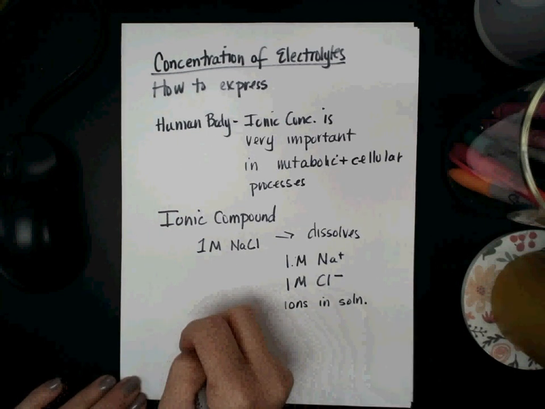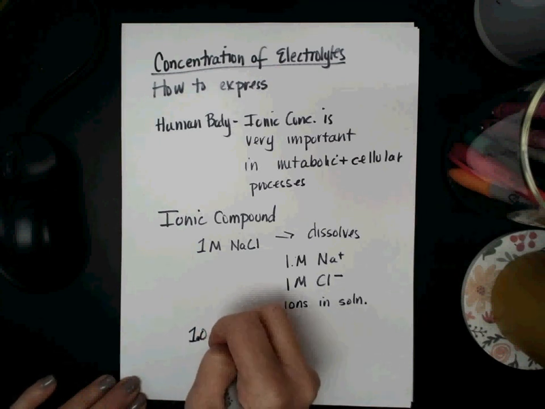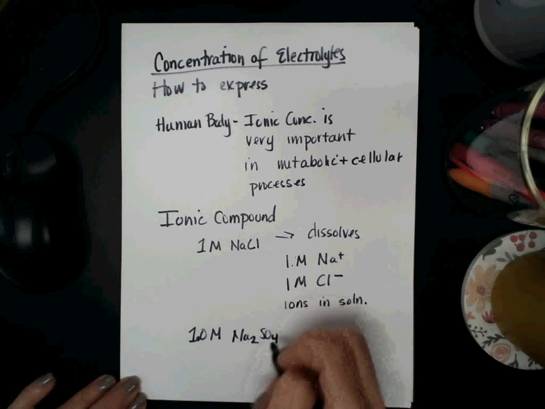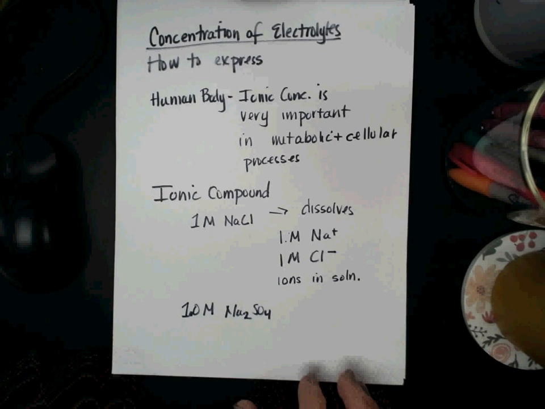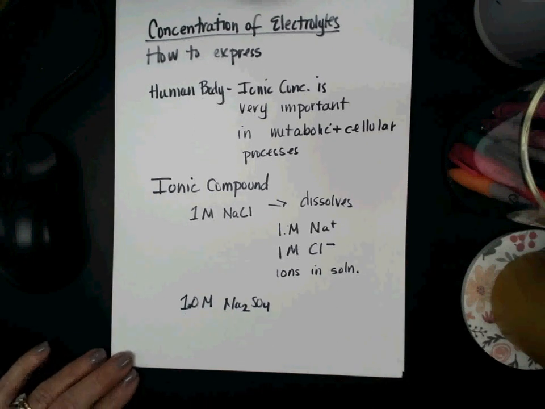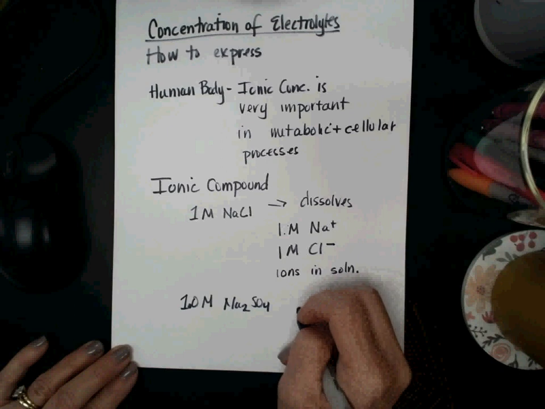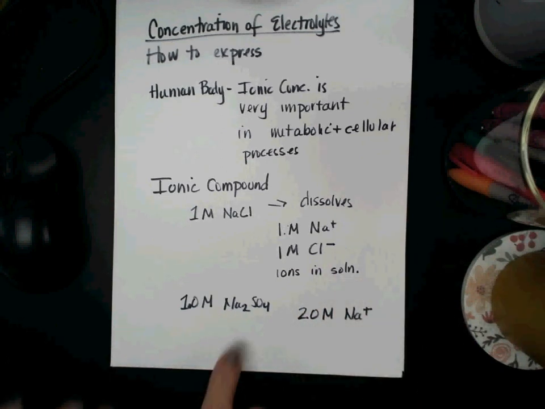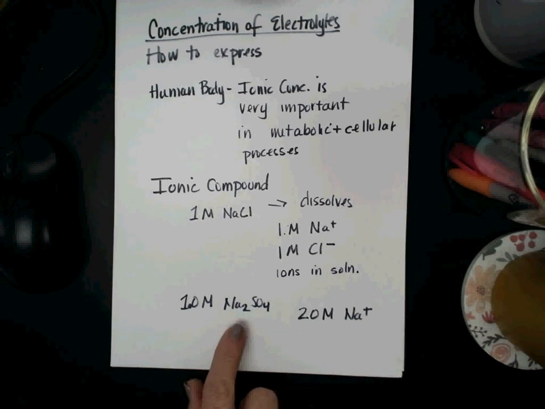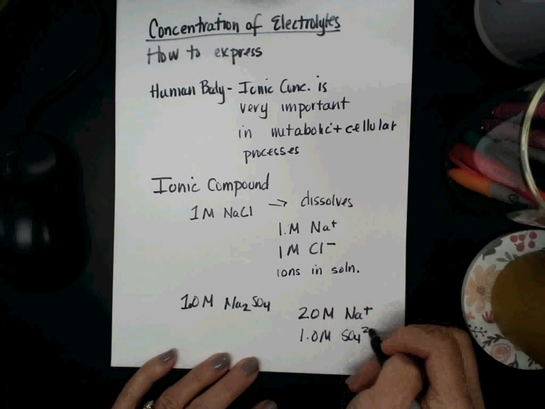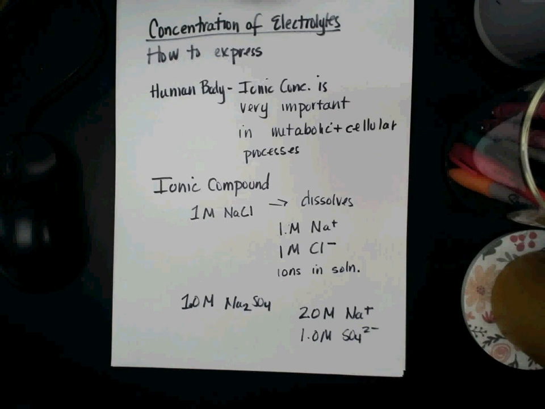If you were asked about a 1.0 molar solution of sodium sulfate, I would say that I have an ion concentration of 2.0 molar Na+, because there are two of them. Make sense? That's where I got the 2 from. And a 1.0 molar sulfate ion concentration.